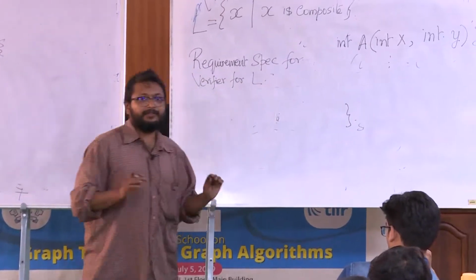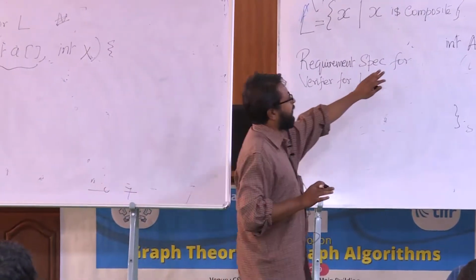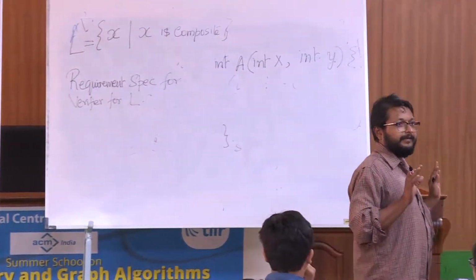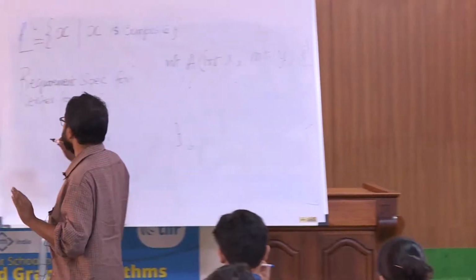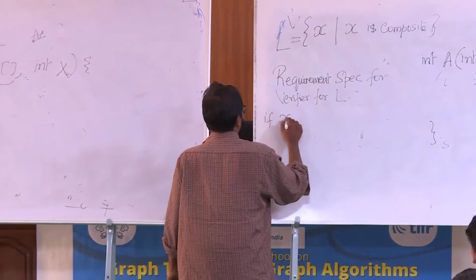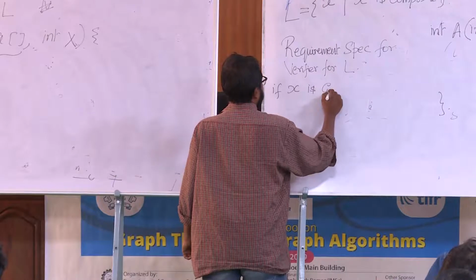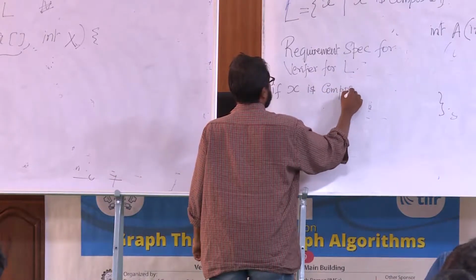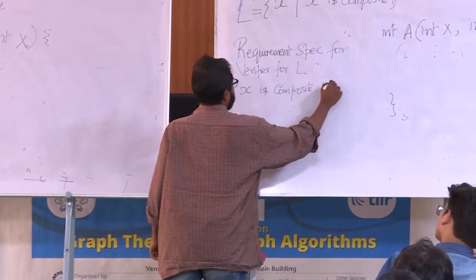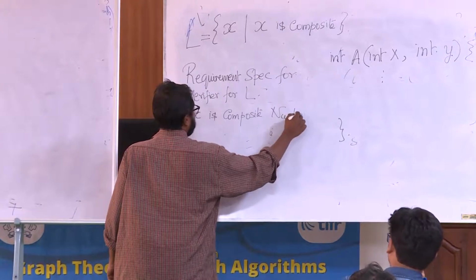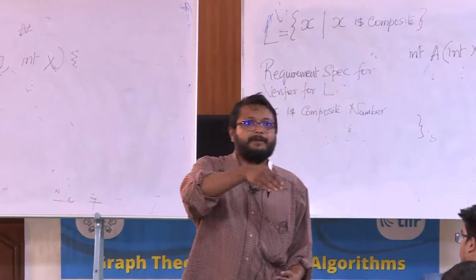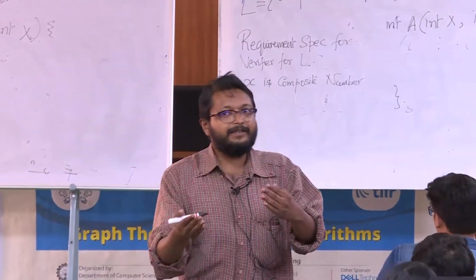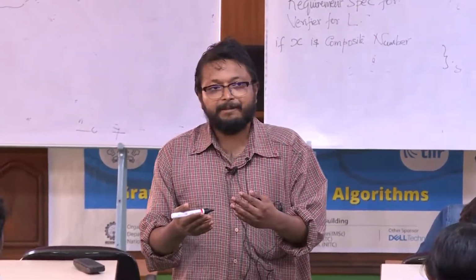The requirement specification for the verifier is, this is my verifier which I am going to design. Let's write down the specification. If x belongs to L, that is, if x is a composite number, then for each composite number there should be a corresponding y which makes the algorithm return 1.